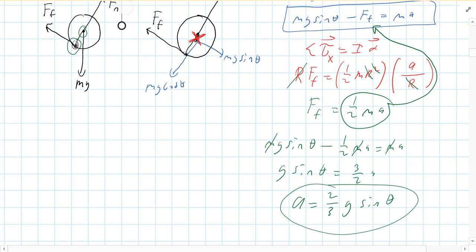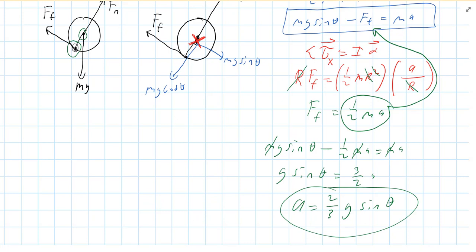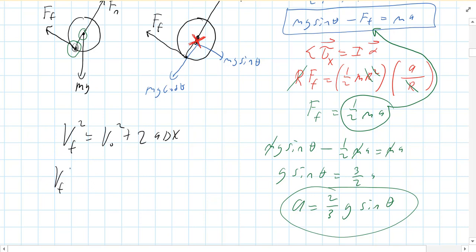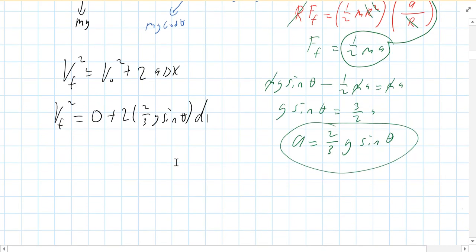And then how would you find the final velocity? Well, if I had the acceleration, I would just use v final squared equals v naught squared plus 2a delta x. We're trying to find v final. v naught was 0. 2, the a we just found, it was 2/3 g sine theta. And then delta x is just d, the distance we rolled. And v would be the square root of all that.